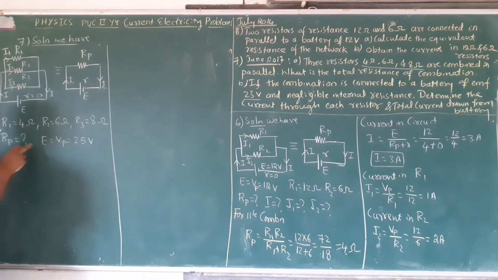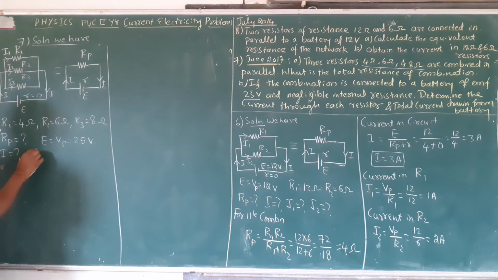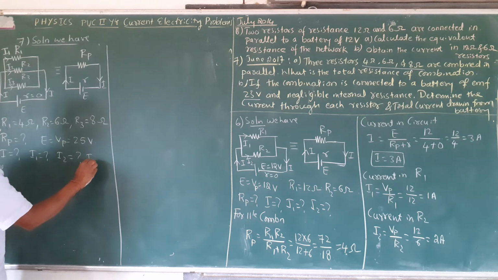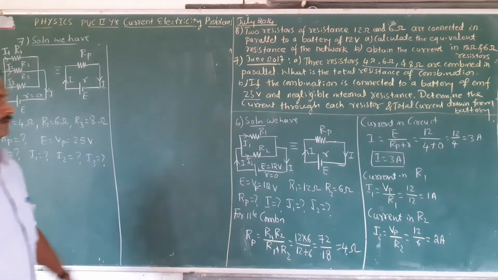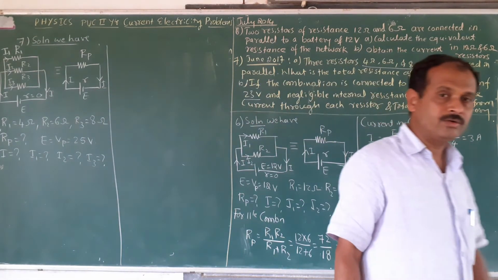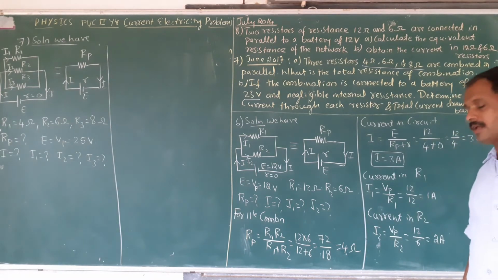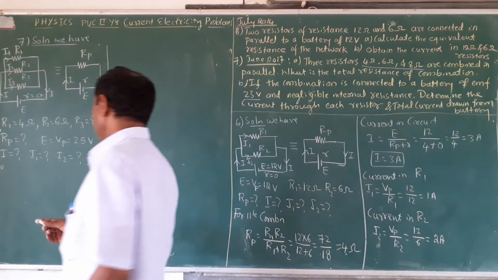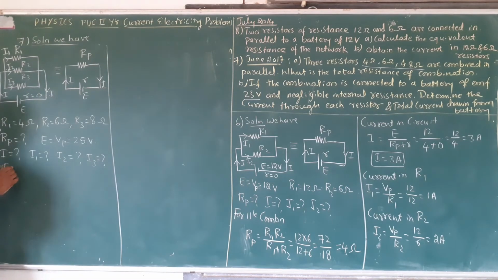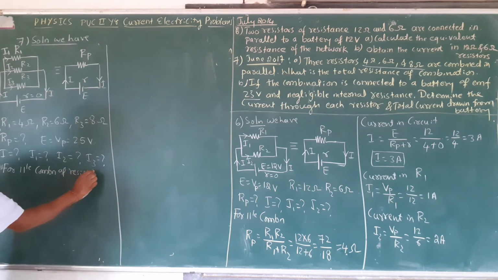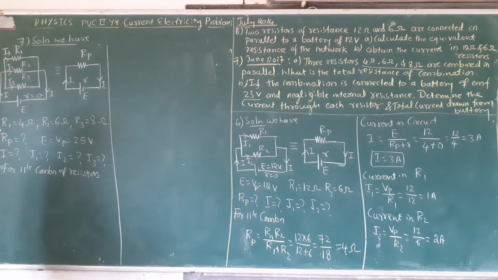Voltage is given. Now I you have to calculate, and I1, I2, and I3 you have to calculate. How to find these values? First you have to find RP, for the parallel combination of resistors. And you write down.